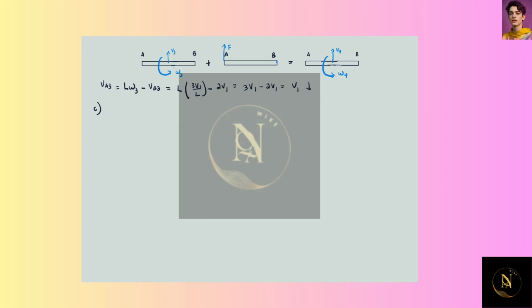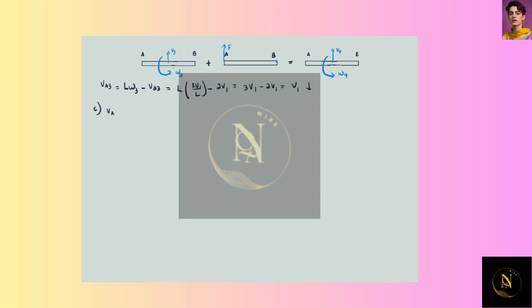This produces an impulse at point A. Then the impact causes the rod to rotate with an angular velocity omega 4 and its mass center now moves with a velocity V4. So when the rod hits point A, it bounces off and moves upward with a velocity VA4. And since again e is equal to 1, our coefficient of restitution is equal to 1.